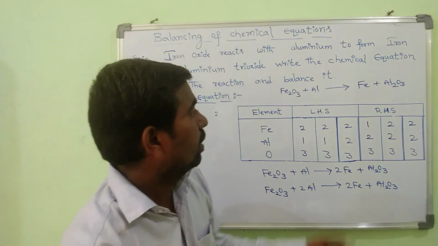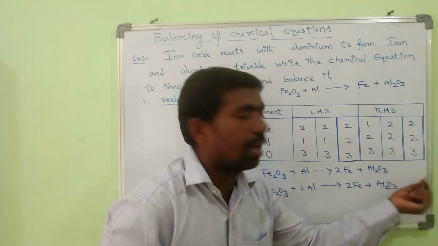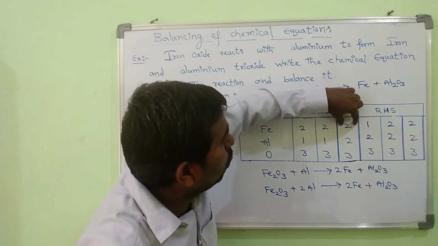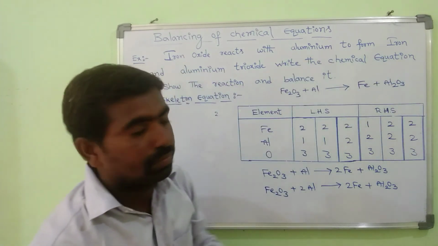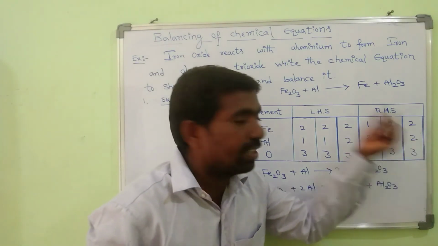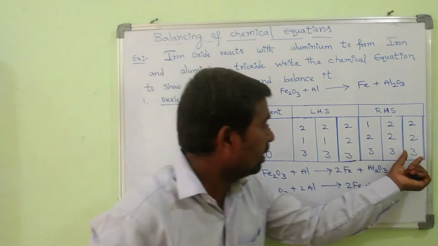Now observe this vertical column. Iron atoms 2 in the left side, 2 in the right side. Aluminium atoms 2 in the left side, 2 in the right side. Oxygen atoms 3 in the left side, 3 in the right side.